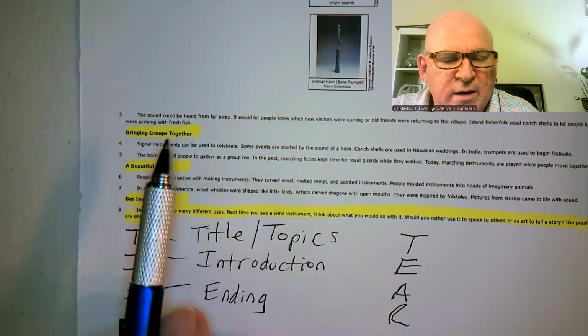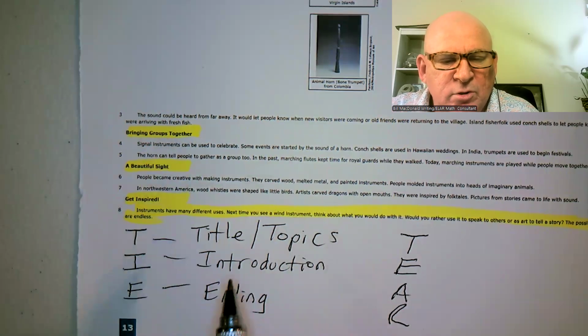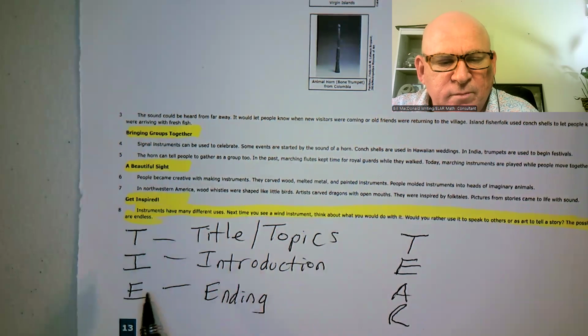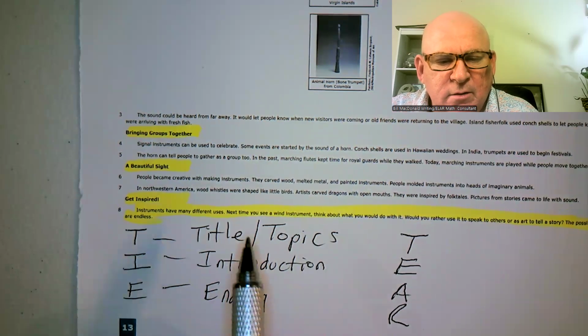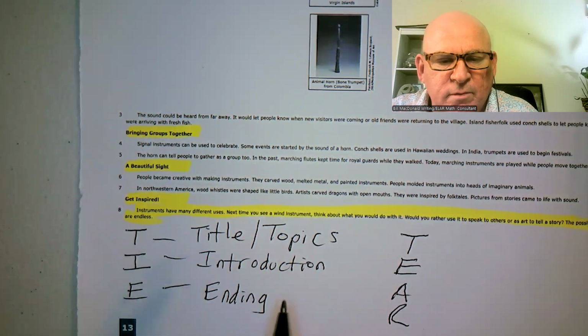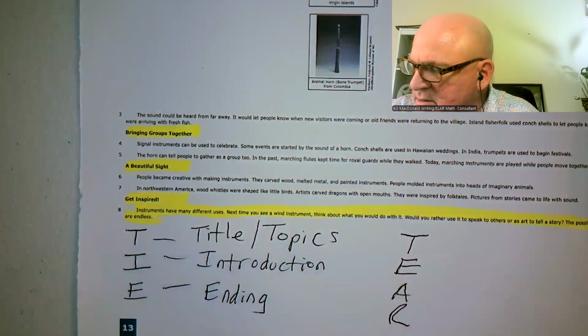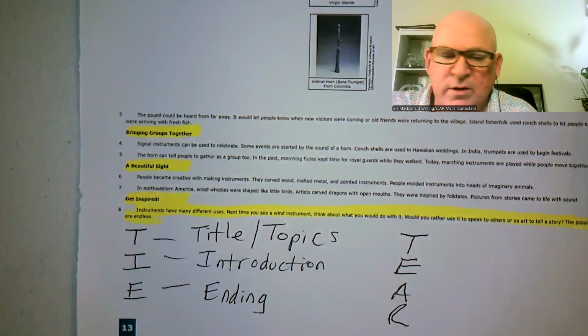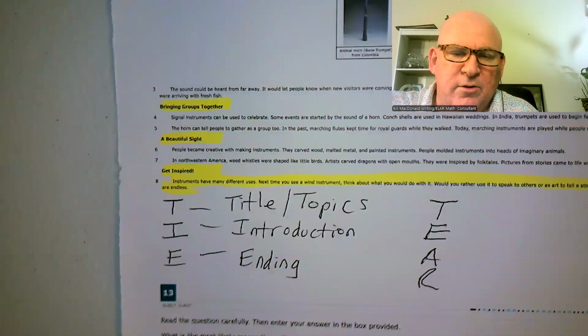In other words, what did they name each paragraph? To read the introduction and to read the ending. By doing at least that, many of your students are going to be able to figure out the gist, or in this case, the reason that the author wrote the article.